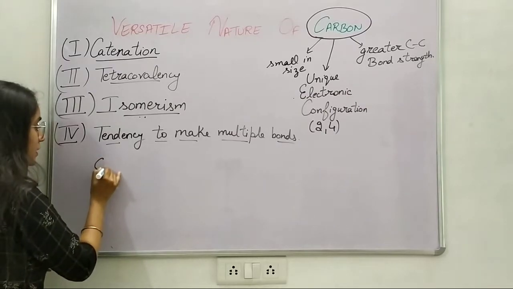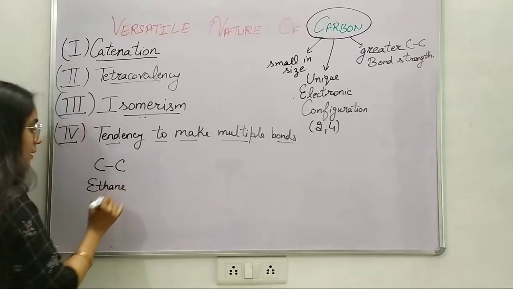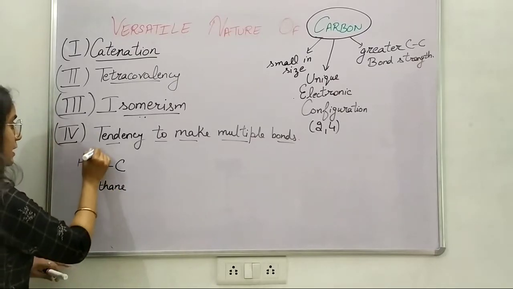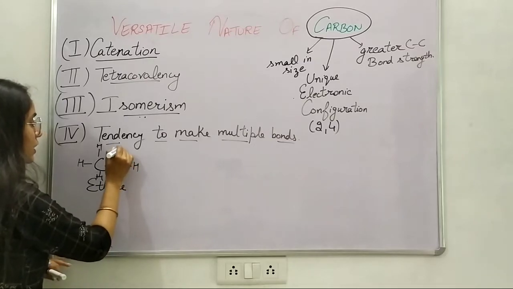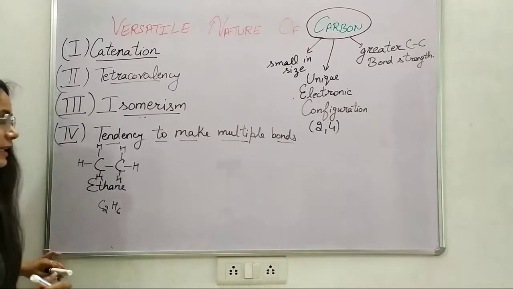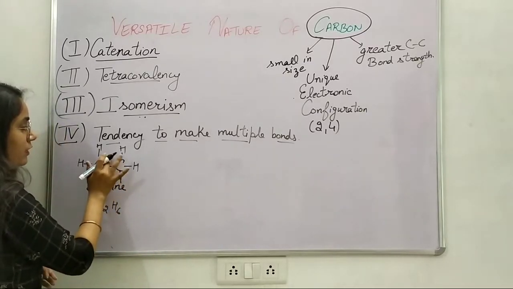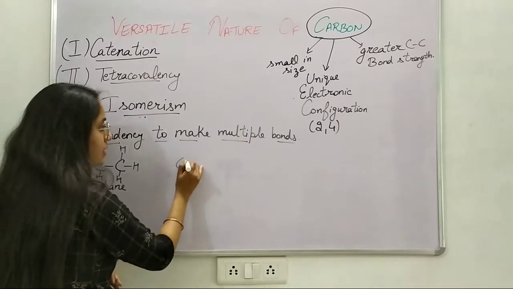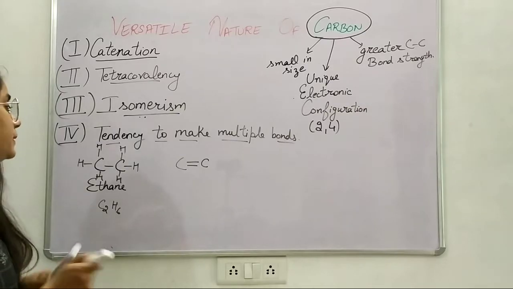Well, in case of ethane, it shows carbon-carbon bond. That means 3 hydrogens will be linked here, and what will be its molecular formula? C2H6, right? Now if I replace the single bond with the double bond here, that means C double bond C. What will happen here?